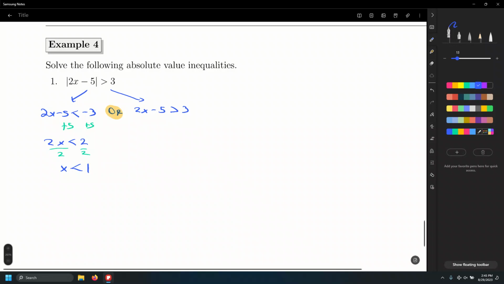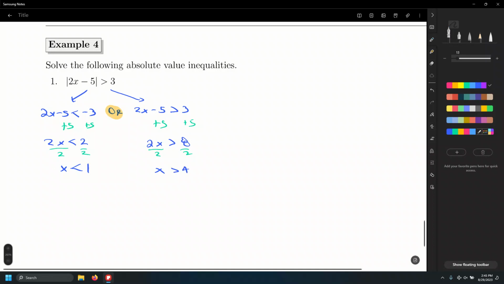Now let's solve the second inequality. Let's also add the 5 to both sides. And that's going to be 2x greater than 5 plus 3 equals 8. And divide both sides by 2. And then x greater than 8 over 2, which equals 4.